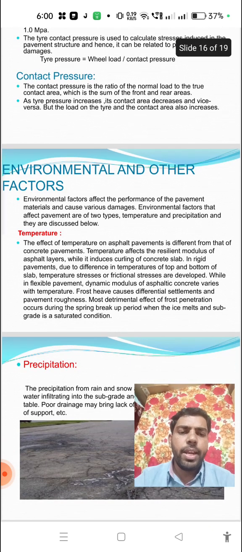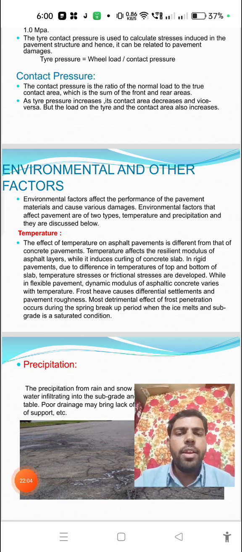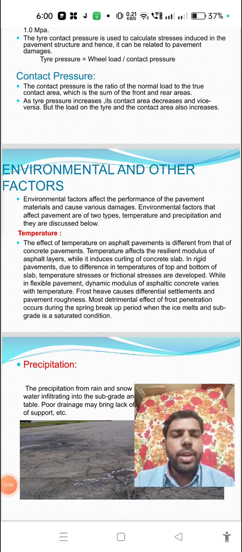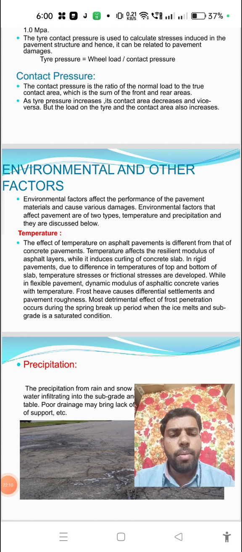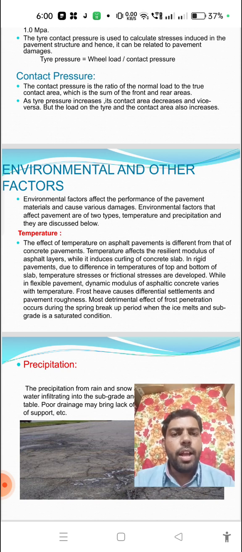And the next very important factor is environmental and other factors. Here we consider two important environmental factors, that is temperature and precipitation. Temperature affects asphalt pavement and concrete pavement, and it plays a different role in the two types of pavements.